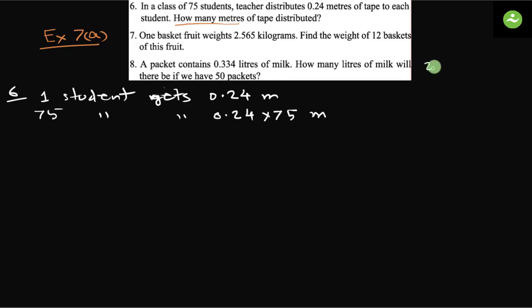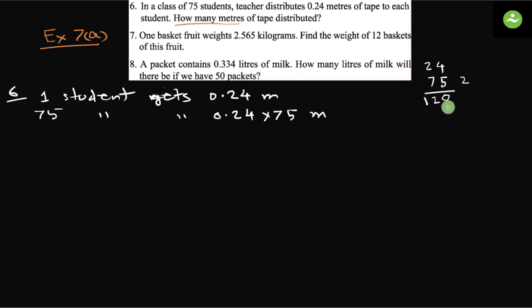24 multiplied by 75. 5 into 4 is 20, 2 in hand. 5 into 2 is 10, plus 2 is 12.